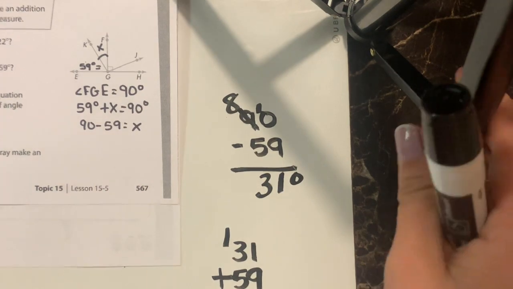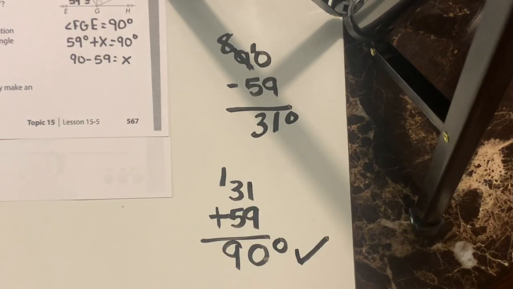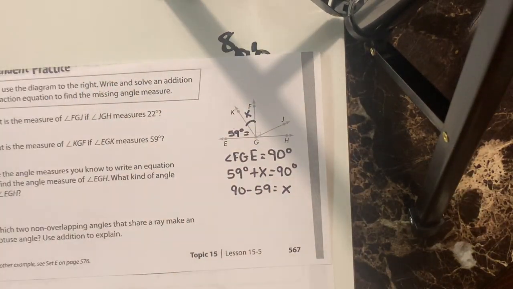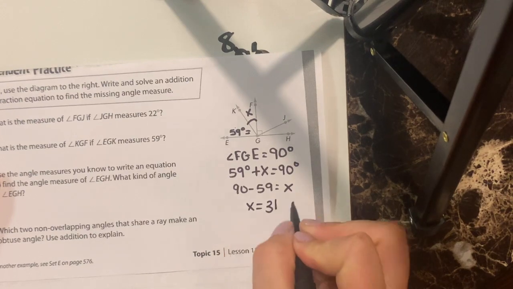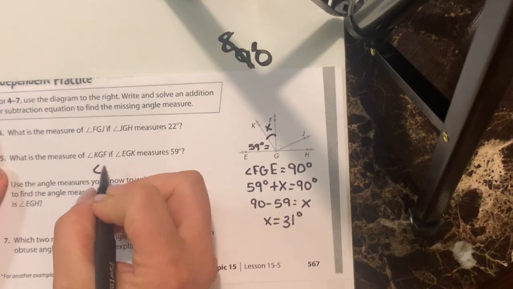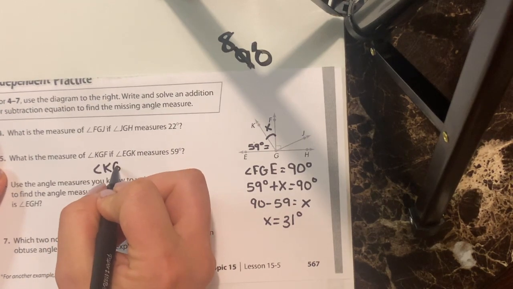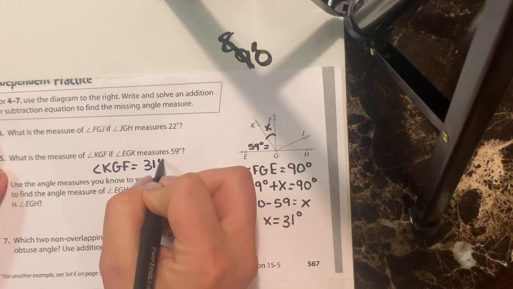So that worked, and I'm sorry you couldn't see that, so I'm going to slide that down so you can. Because it worked when I checked my work, I now know that angle KGF equals 31 degrees.